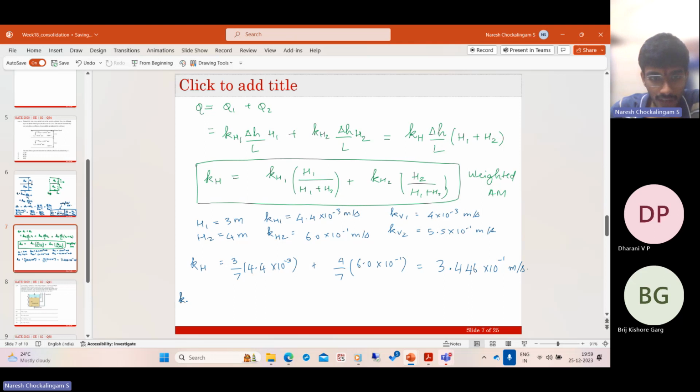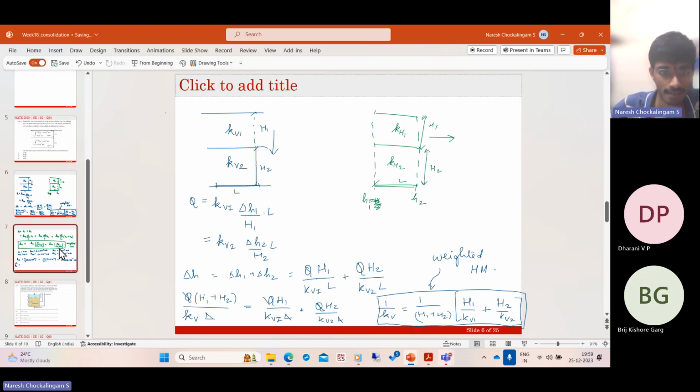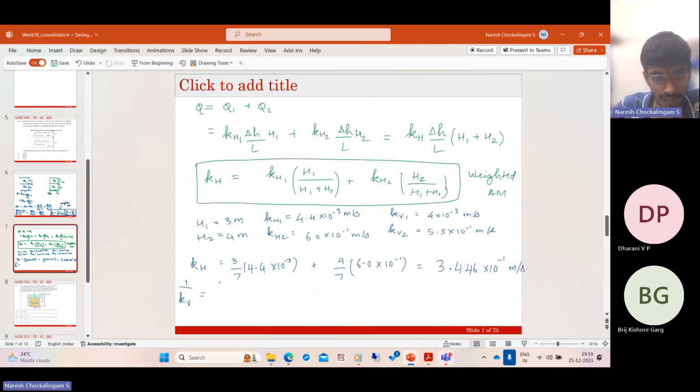And similarly, what is KV? Or rather, let us say 1 by KV from this formula. 1 by KV is, again, you have H1 by H1 plus H2, which is 3 by 7 divided by KV1, which is 4 into 10 power minus 3, plus 4 by 7 divided by 5.5 into 10 power minus 1. So let us see what this is.